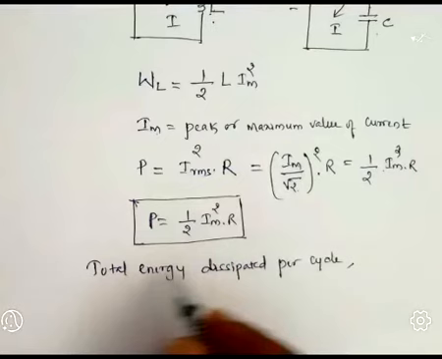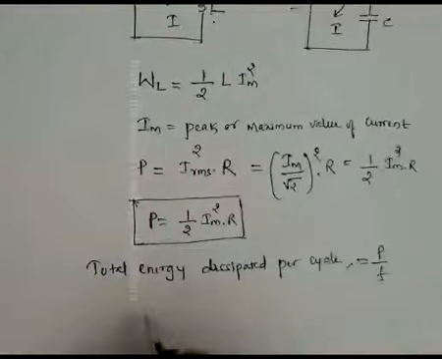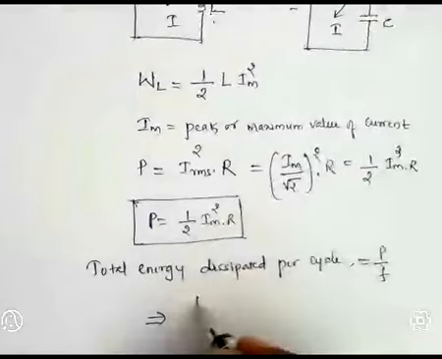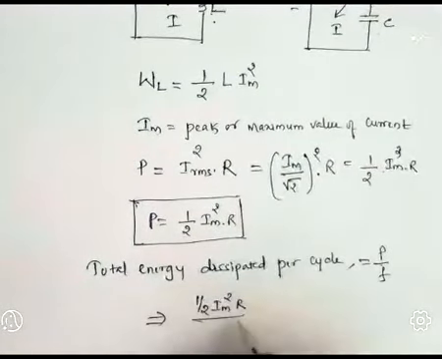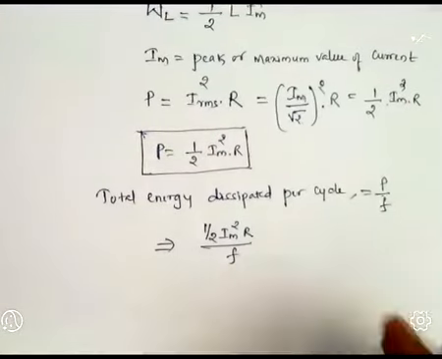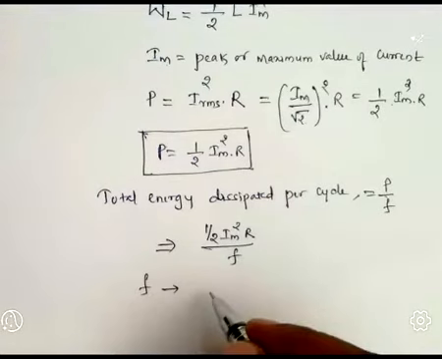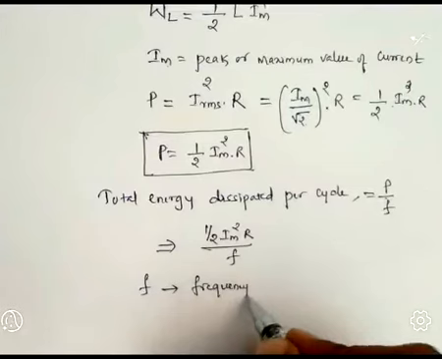Energy dissipated per cycle is equal to power by F. For the simplification, already we calculated P. P is 1 by 2 Im square into R divided by F. What is F? F is the frequency of operation.